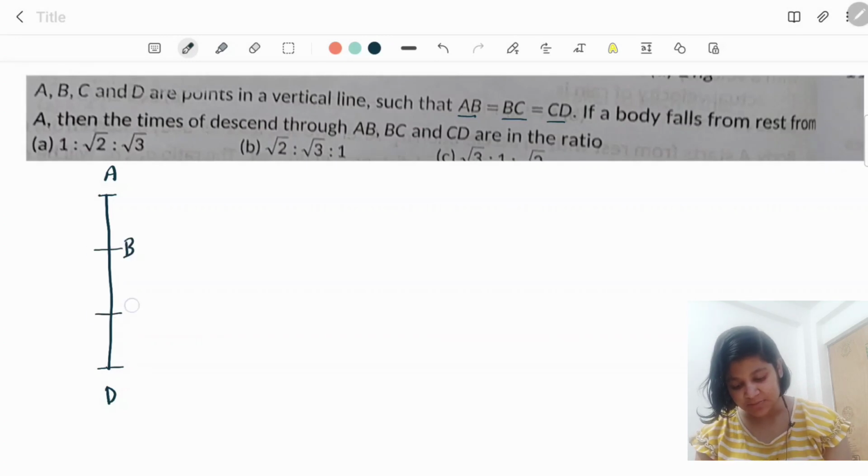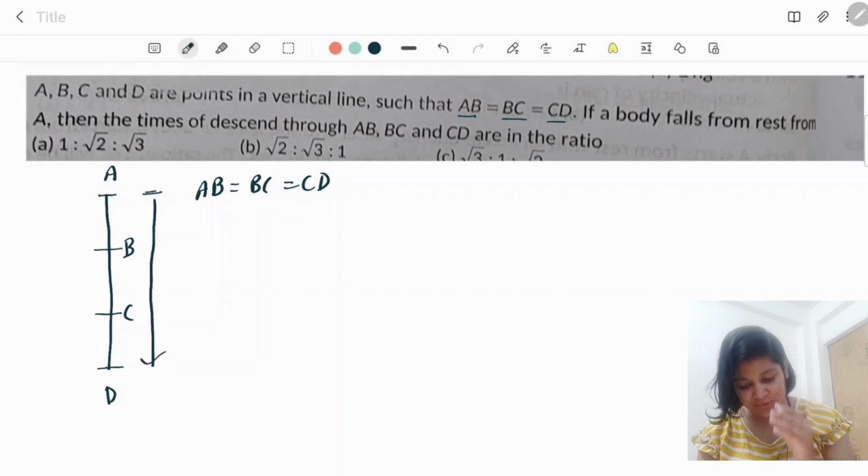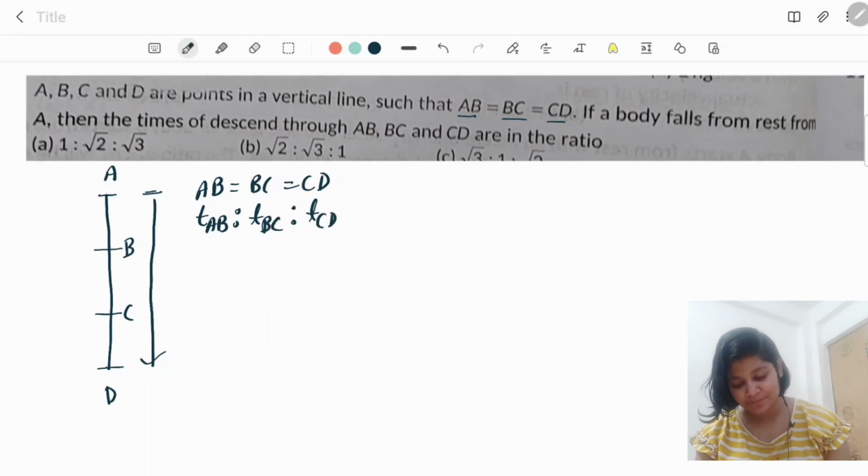Let me call this B and this C. So they have given that AB equal to BC equal to CD, and a body falls from rest at A up to D. They want to know the time taken in traveling from A to B, from B to C, and the time taken in traveling from C to D.